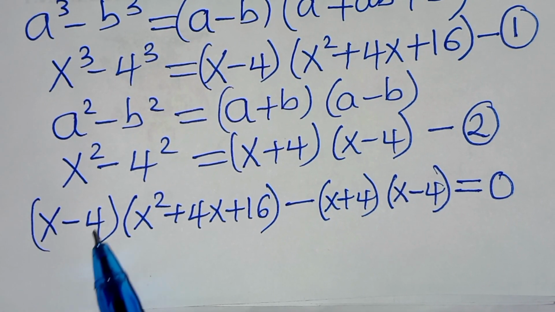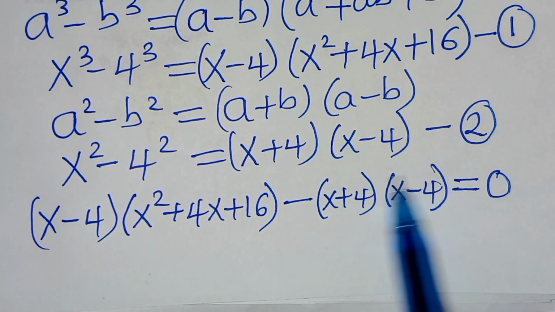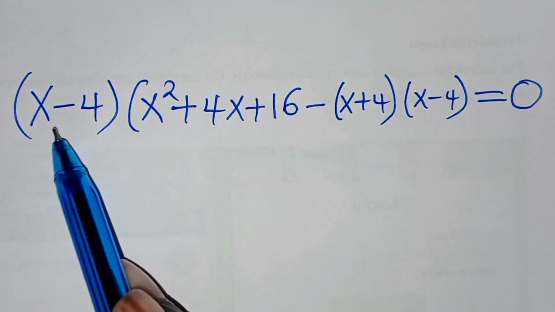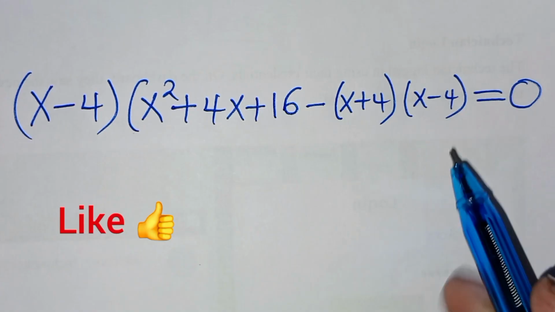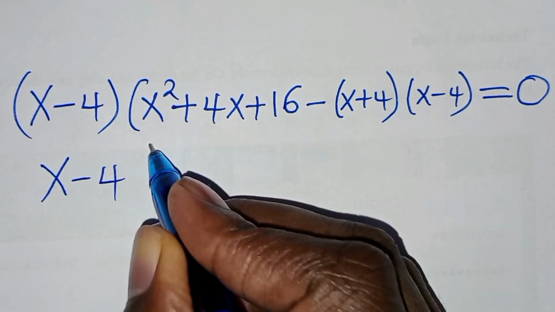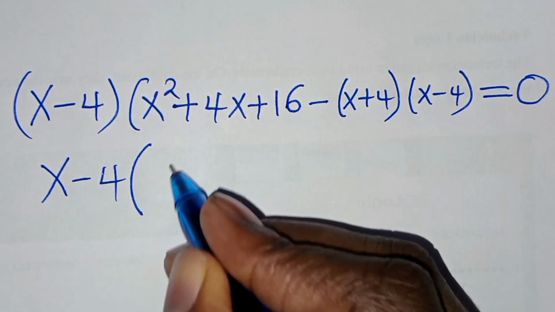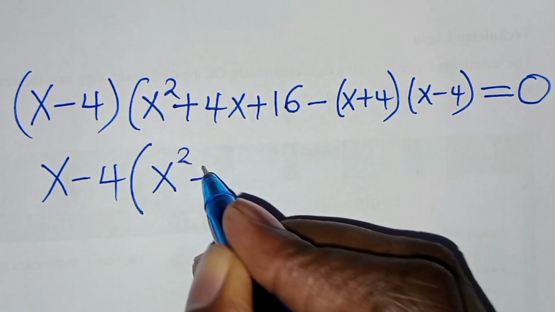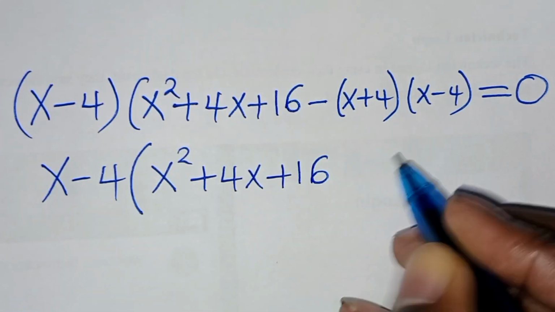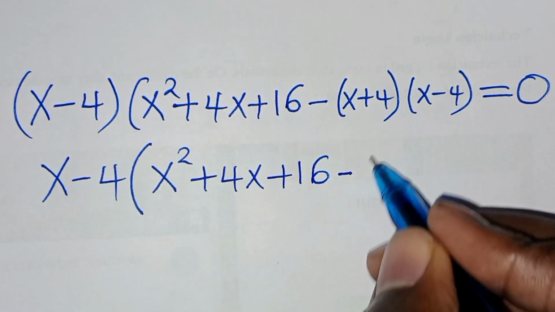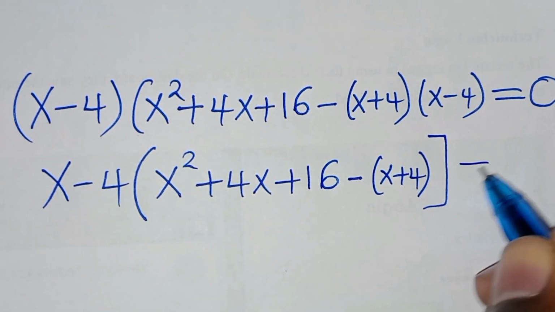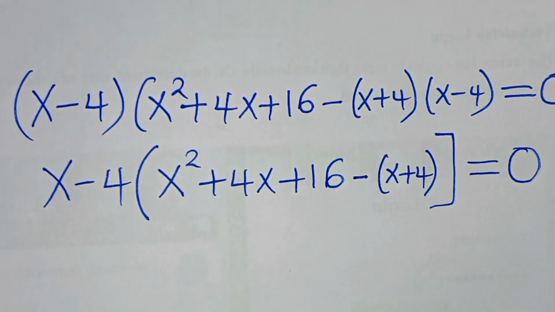So x minus 4 is common here. Now from this equation, we have x minus 4 is common. So let's factor out x minus 4, so that now into the parentheses here, we'll have x to power 2 plus 4x plus 16. Then subtract, we have x plus 4, close the bracket, this is equal to 0.